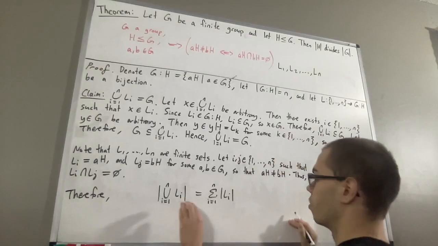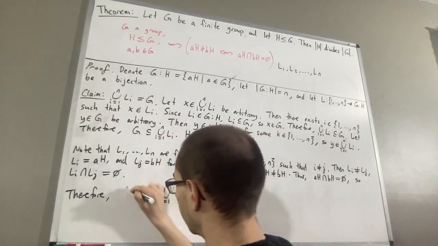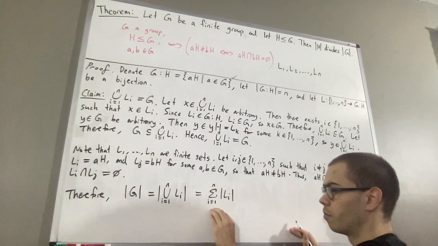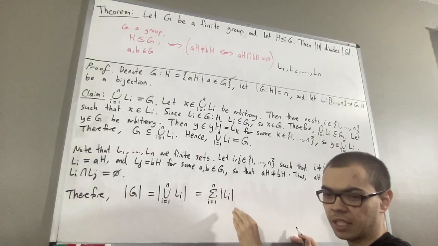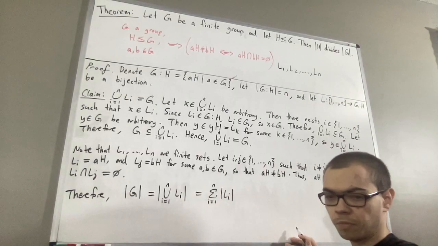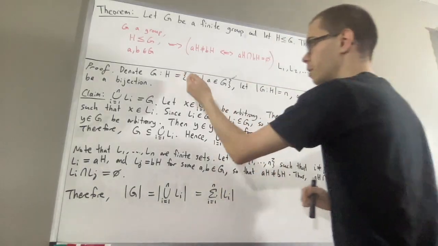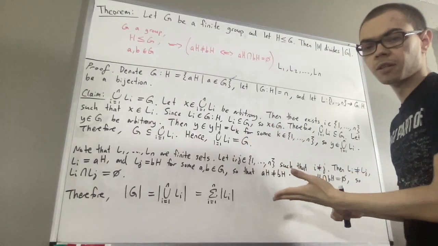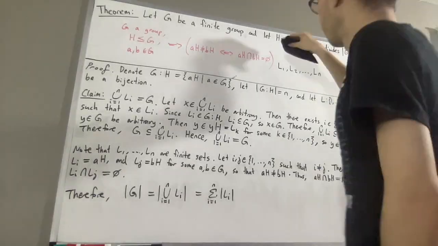But remember, the union itself is equal to G, so this is the same thing as the number of elements in G. But what do you think the number of elements in any left coset is going to be equal to? The number of elements in any left coset of H should be equal to the number of elements in H itself, right? Now to show that, we're going to be using the following property.